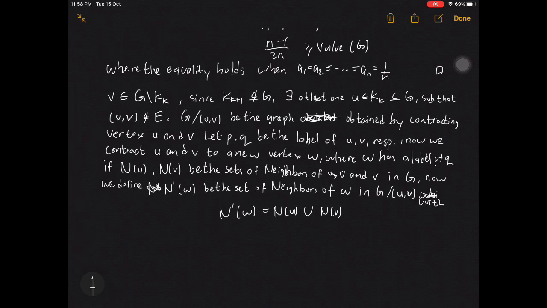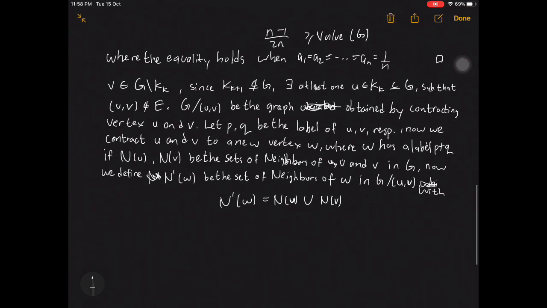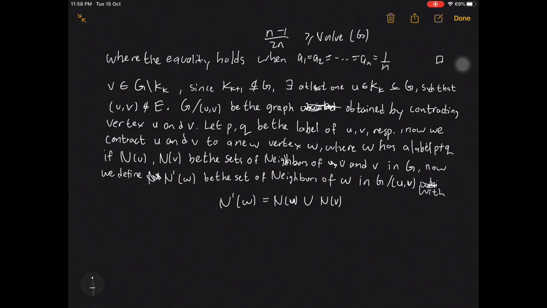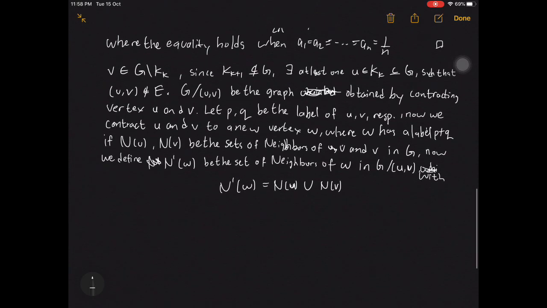So now what should be happening to the value of G?